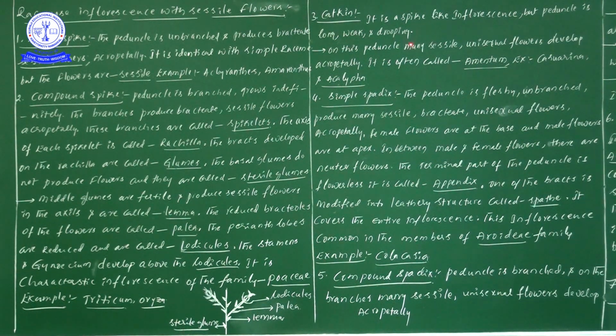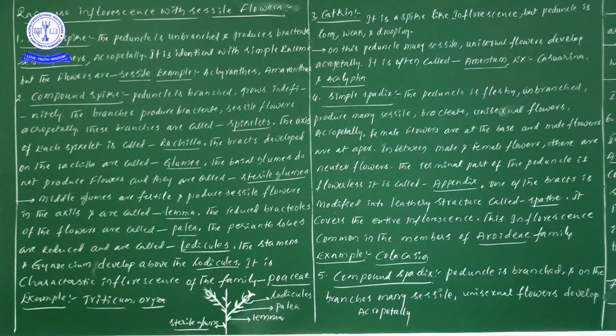Here I don't have space to draw a small diagram, but diagrams are not required; just save the information in your mind. This peduncle is long, weak, and drooping. Drooping means, if the inflorescence is weak, it will be reversed.